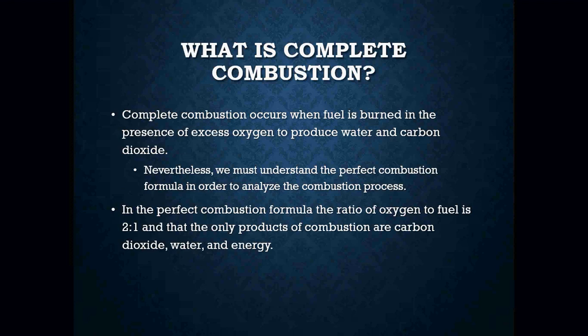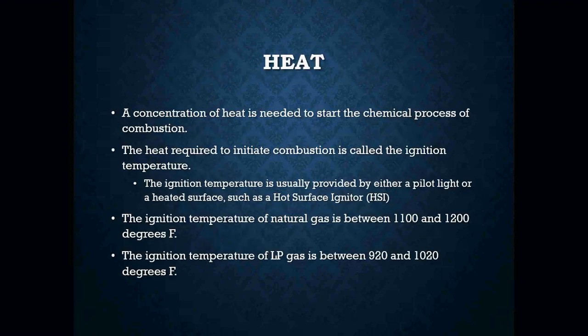However, we must understand the perfect combustion formula in order to analyze the combustion process. In the perfect combustion formula, that ratio of oxygen to fuel is 2 to 1. In that, the only products of combustion are carbon dioxide, water, and energy.